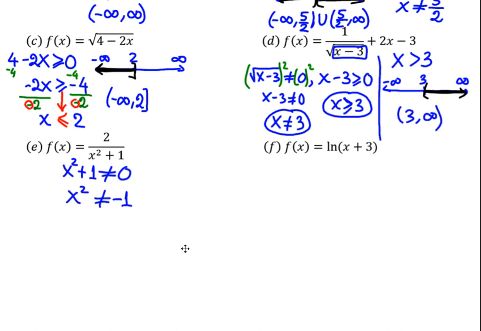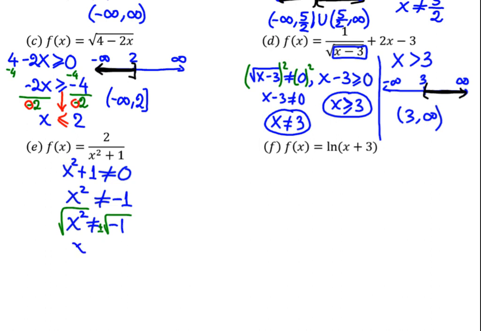Now we take the square root on both sides. Remember, every time we do that, there's a plus or minus.